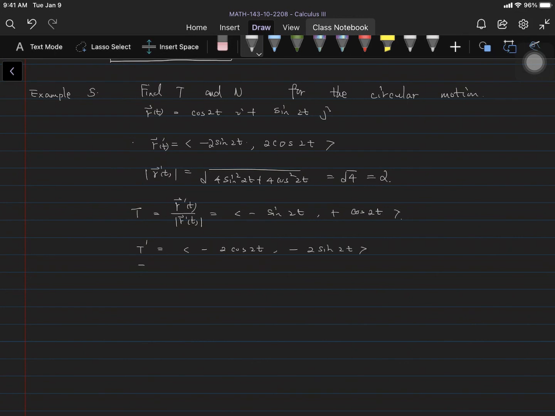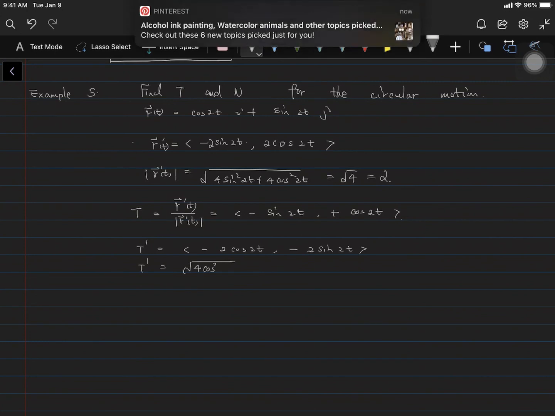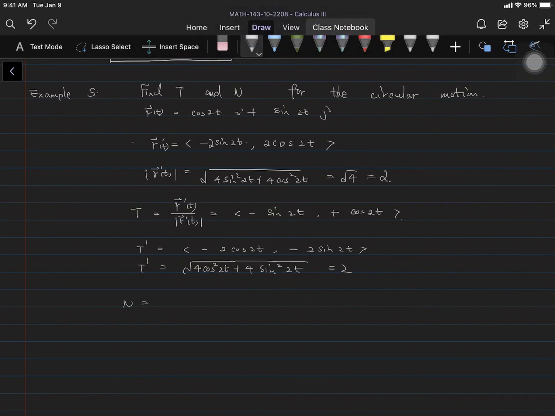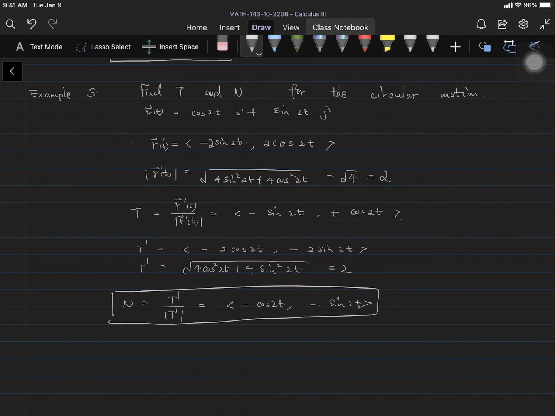The same thing, we need the length of this T prime, which is the root of 4 cosine squared plus 4 sine squared, which is 2. So the normal vector equals T prime over the T prime length, which is negative cosine 2t, negative sine 2t. This is the normal vector, and that is the tangent vector. Pretty easy to calculate.